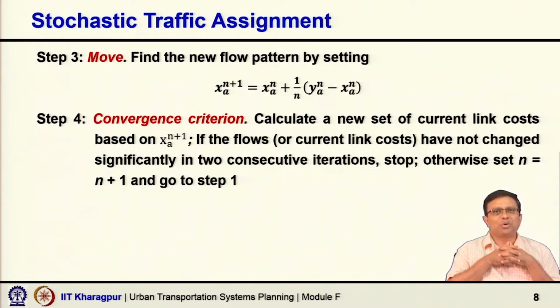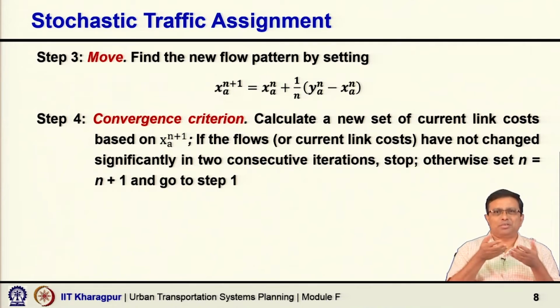And then in this case, what is the convergence criteria? Earlier when we applied this MSA, what was our convergence criteria? Convergence criteria was when the travel time on alternative paths are same. Here, no, we do not use travel time, because still travel time variations will be there, because it is stochastic assignment fundamentally. So, what we do? We see when iteration to iteration the flow along the alternative paths are not changing significantly.